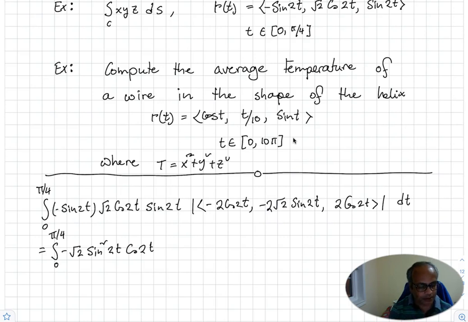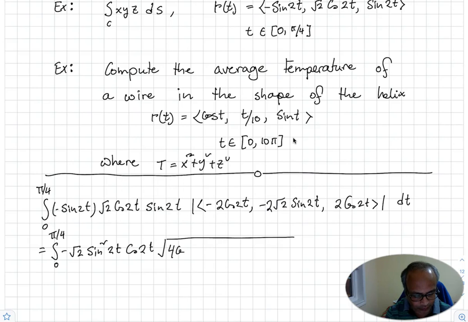Okay, so now in this part here, we have to take the magnitude of this vector. To take the magnitude, I will write the square root, and then magnitude is square each component and add them together.